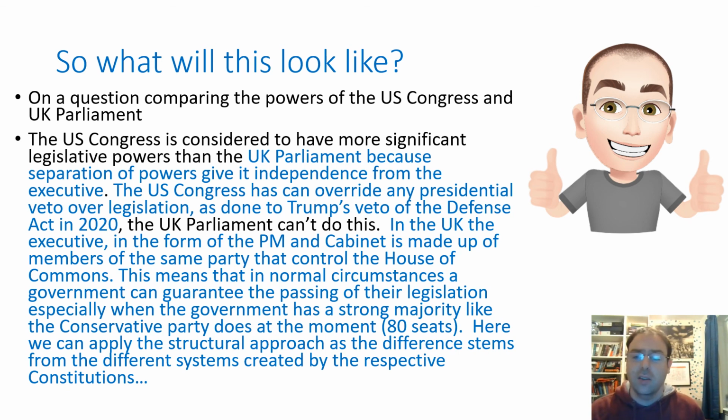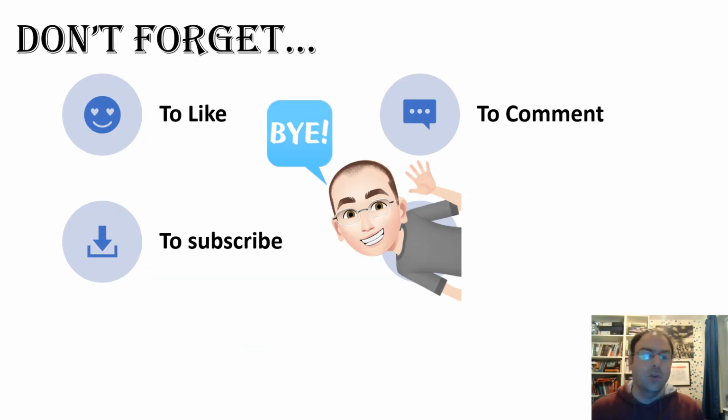It is the case that the US Congress, in this way, has more legislative power in contrast to the executive than it does in the UK. So I hope that's been helpful in terms of giving you some example material.